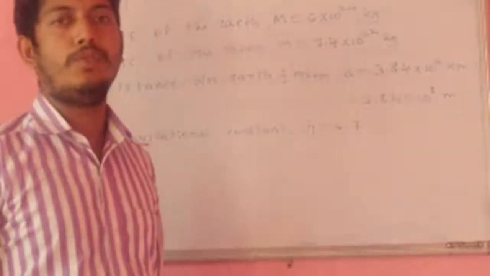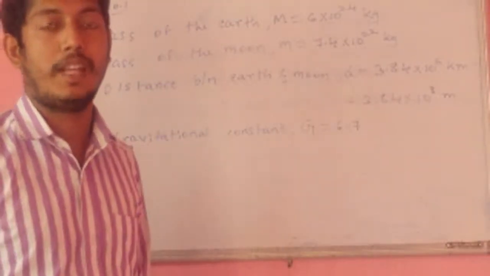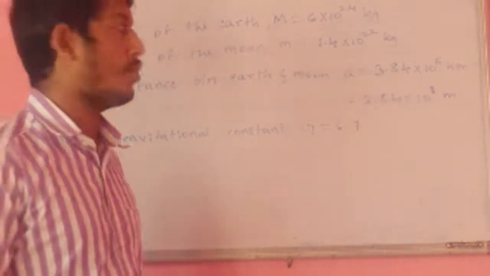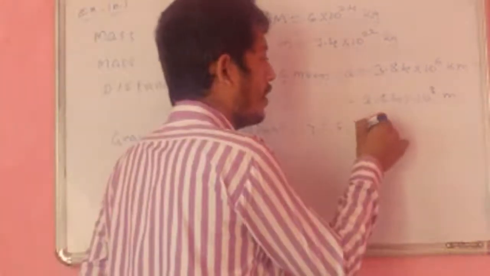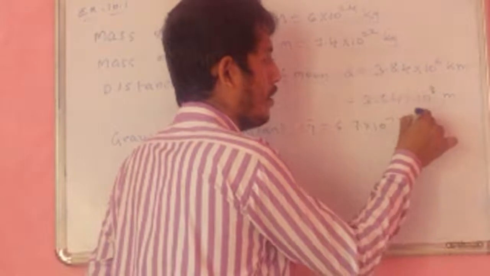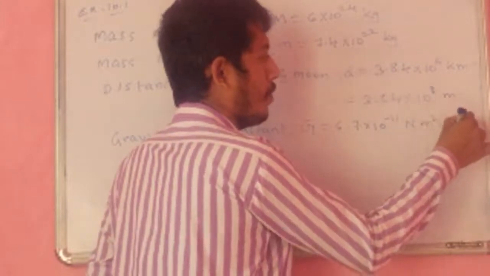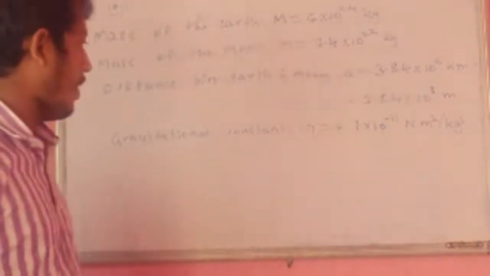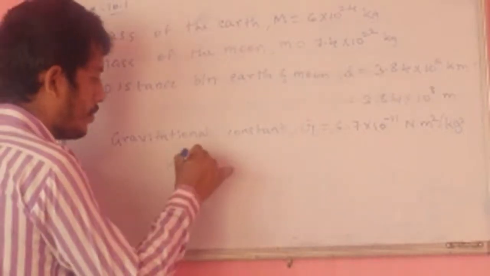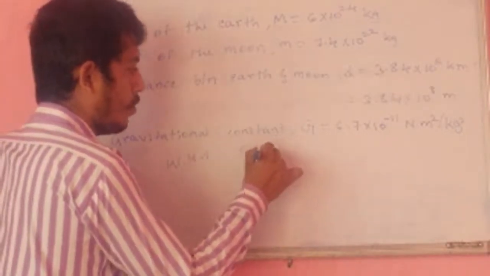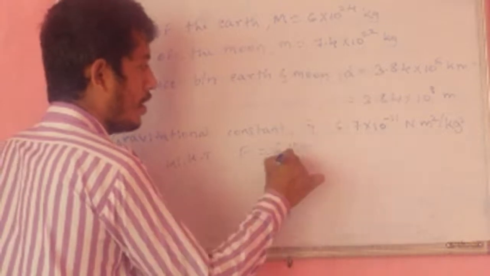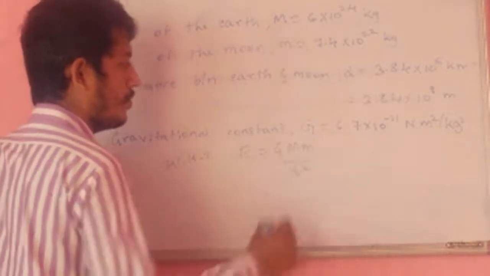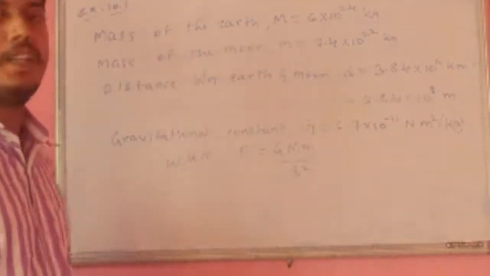Actual value is 6.672 into 10 raised to minus 11 Newton meter square per kg square. But here they give 6.7 into 10 raised to minus 11 Newton meter square per kg square. And we know that F equals G into Mm divided by d square.